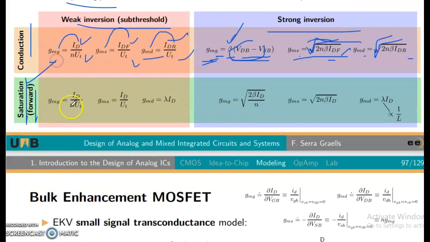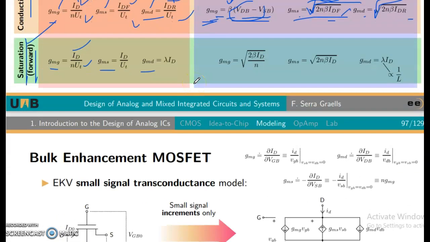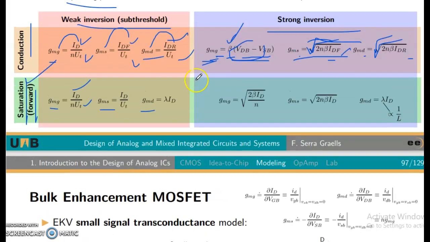Then saturation forward: GMG equals ID divided by n times UT, and ID over UT in GMS, and in GMD lambda times ID. Here only the drain is totally different; source and gate are the same.